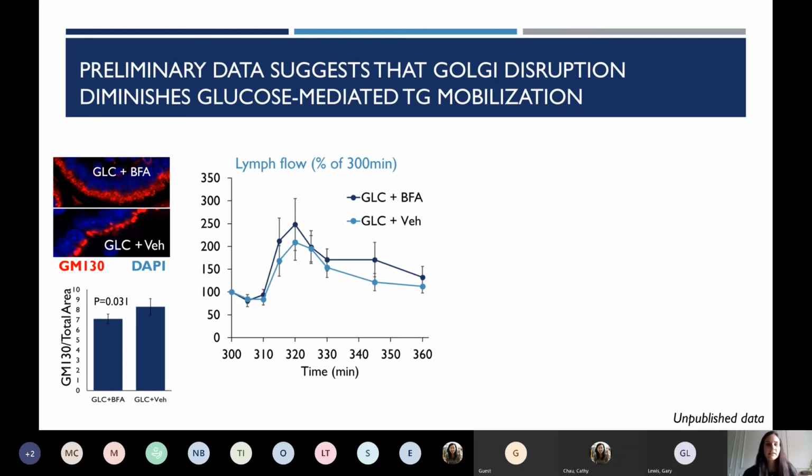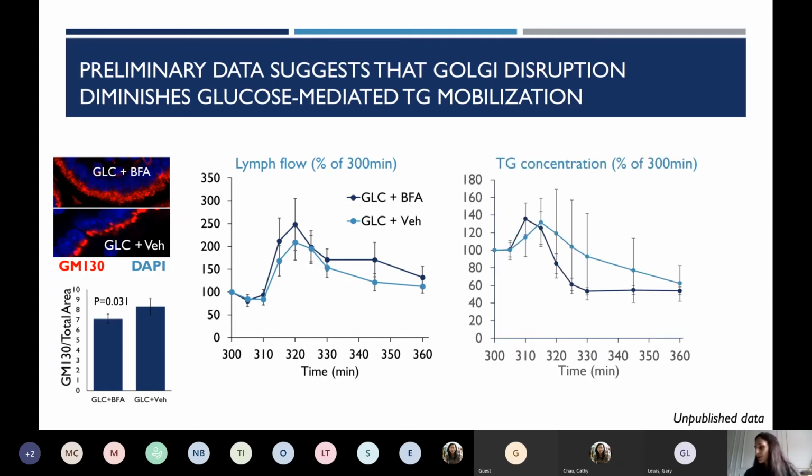Lymph flow is basically the same, whether glucose is given in the presence of Golgi disruption or just vehicle. But there is suggestion that it inhibits TG concentration. We do need to increase the numbers to deal with these error bars, but so far it looks like Brefeldin A mediated inhibition of the Golgi is disrupting this TG mobilization by glucose.